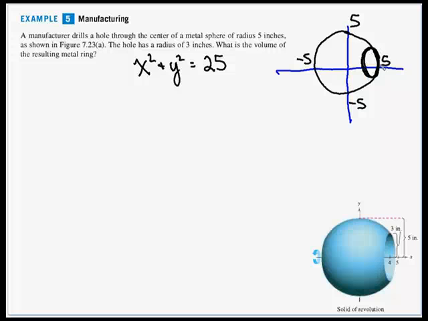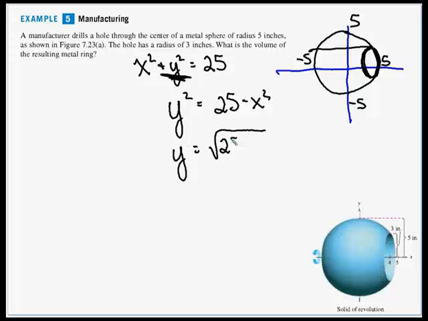Here's the hole we're going to cut through it. So we're going to be spinning our slice around the x-axis, so we're going to be integrating with respect to x. So we want to solve this equation for y. The first thing I would do is subtract x squared from both sides, and then I would square root. Y is going to equal the square root of 25 minus x squared.